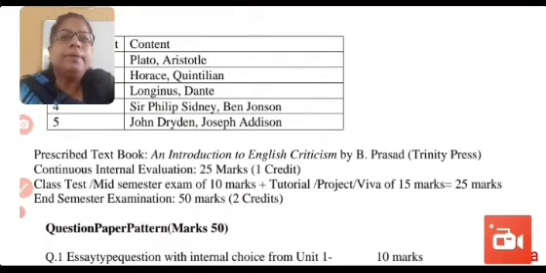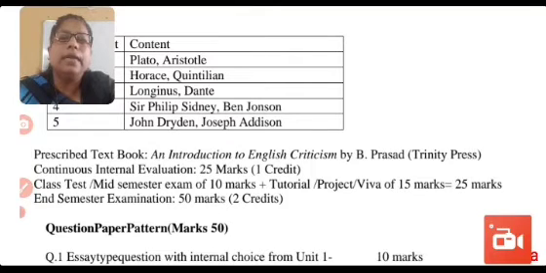As far as the continuous internal evaluation is concerned, it has 25 marks. There are class tests or mid-semester exam of 10 marks, plus tutorial or project or viva of 15 marks. So total 25 marks.